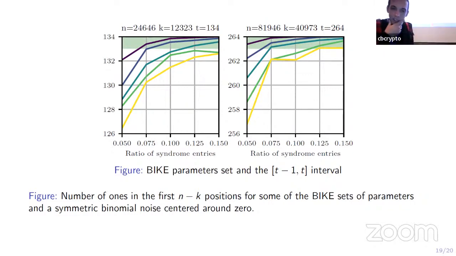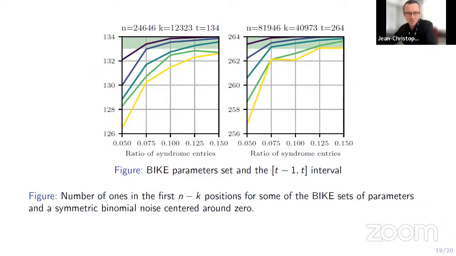Okay, then I have to ask you another question. The ratio of the syndrome entries here, is it a ratio of known entries which might be faulty? So for instance, here, if you have 5% of the syndrome, so you have n minus k, which is 12,000 entries, you just need 5% of them to make a successful attack.